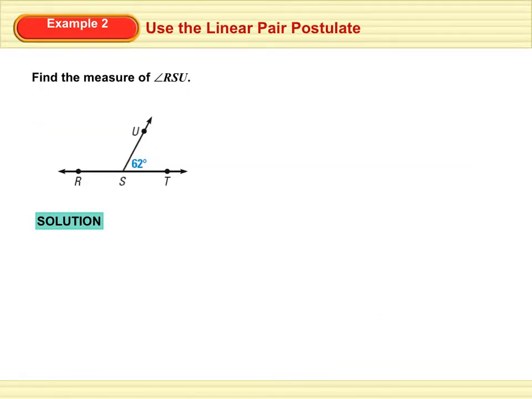Let's look at an example here. I want you to find the measure of RSU. So from RS to SU, that angle there. Now, it looks like angle RSU and angle TSU are a linear pair, right?